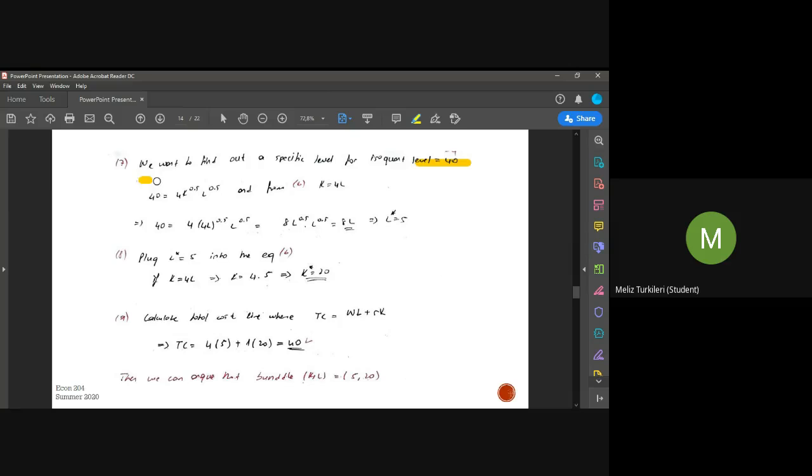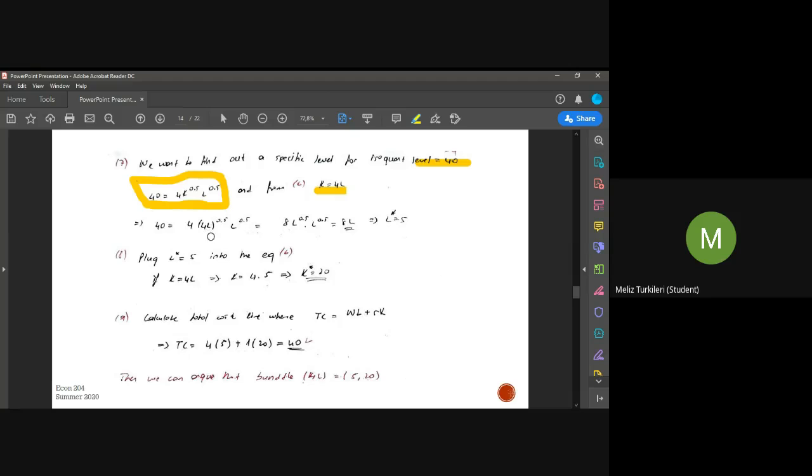When this amount is equal to 40 and K equals 4 times L, we will solve this problem. Just plug K equal to 4 times L into this production function.